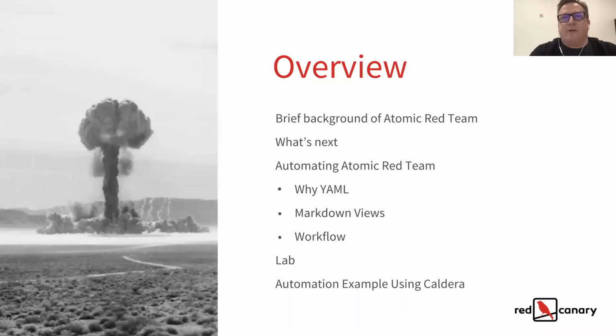We still have preserved that, so we want to make sure you understand how it's preserved and generated. We'll go over a workflow of how you would contribute and participate in Atomic Red Team, and then we've got a lab. And then we've got an exciting opportunity for Blake to share some of the work with CALDERA, about how they're using CALDERA to do automated testing that ties back to MITRE. So we're really excited to show you a real-world example of someone that's doing some automation at scale. Pretty cool stuff.